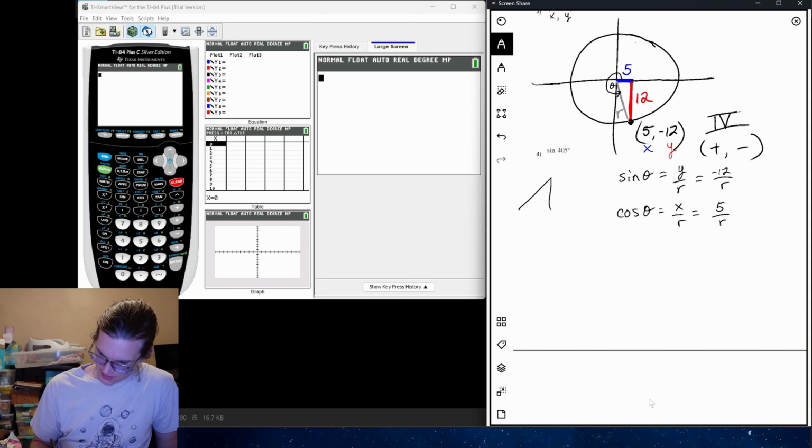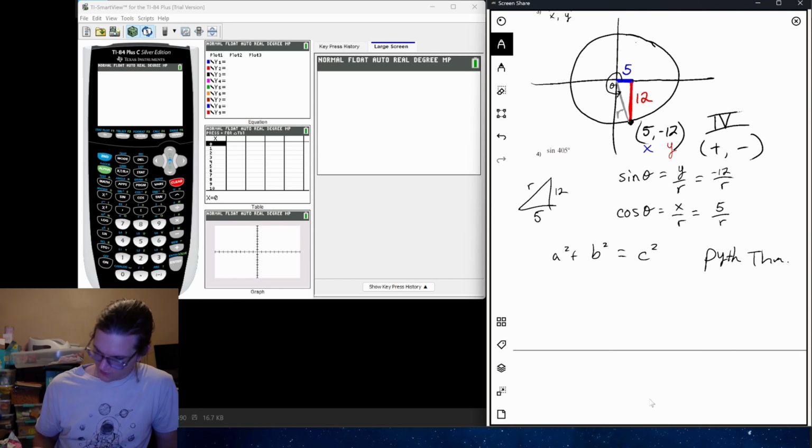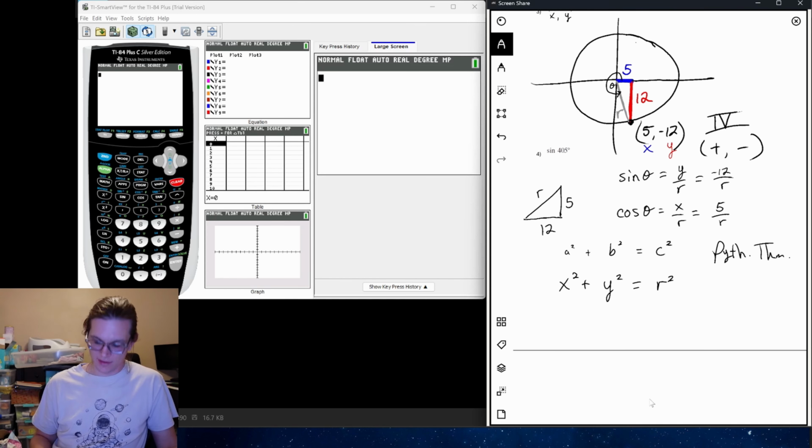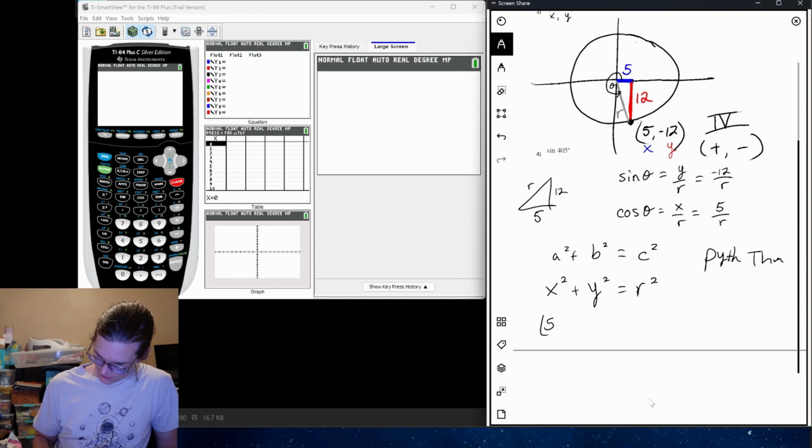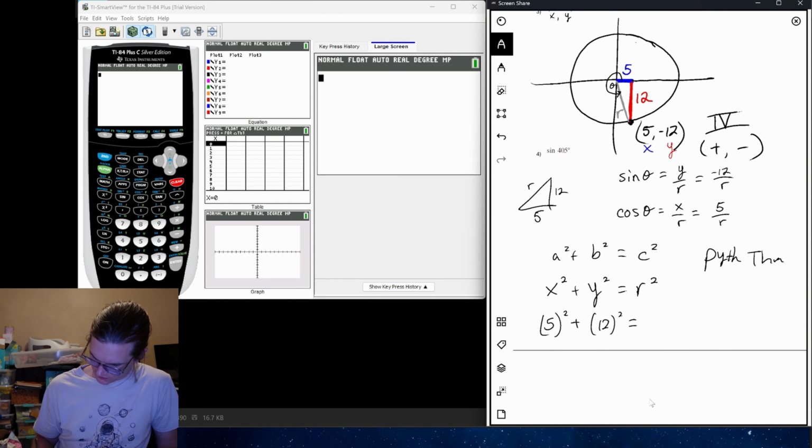We look at this triangle. This is my x, so I'm going to write it here where I'm used to an x being. This is my y, and then r. So a squared plus b squared equals c squared. That's the Pythagorean theorem. We write it like this because we're working with Cartesian coordinates. And we have 5 squared plus 12 squared equals r squared.